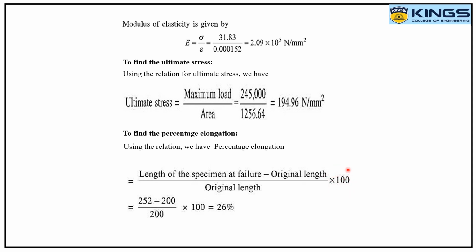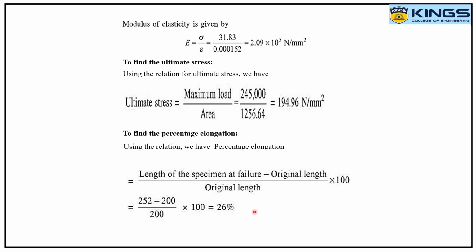So 252 is the final length given in the question, minus original length 200, divided by the original length 200, into 100. Then we get 26 percent, which is the percentage the material gets elongated.